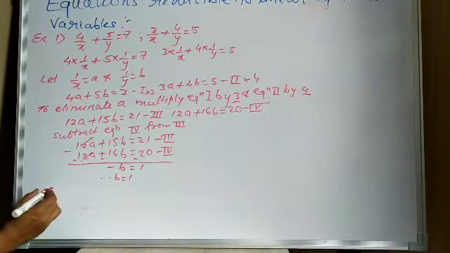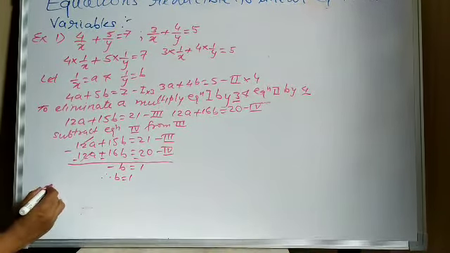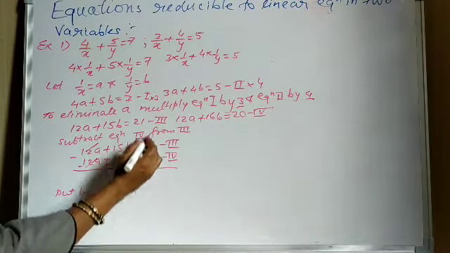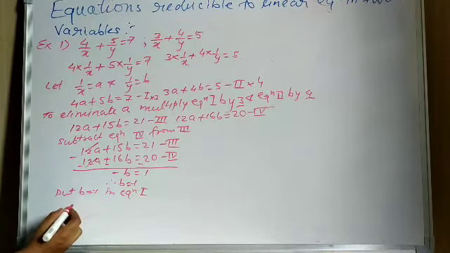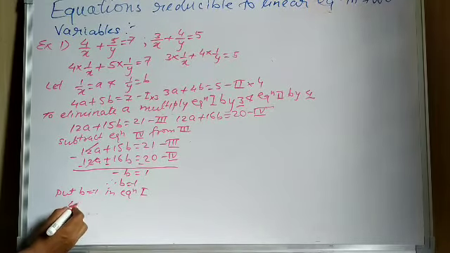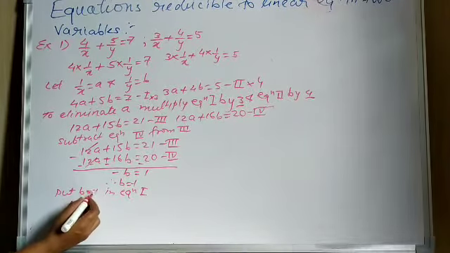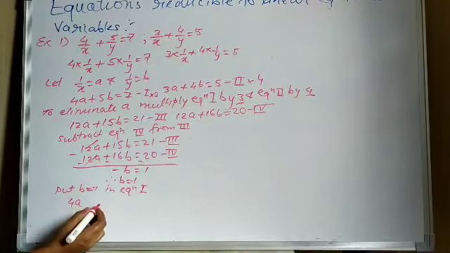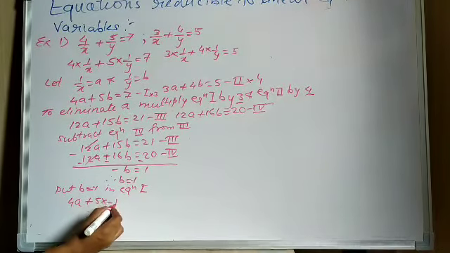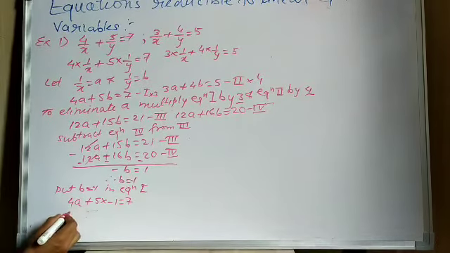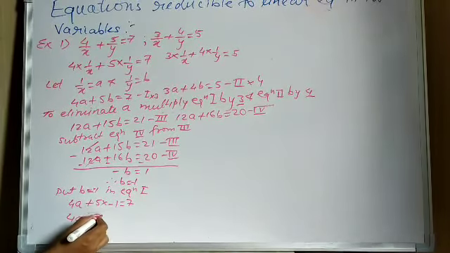In order to get the value of a, put b is equal to minus 1 in any one equation; you can use equation 1. So 4a as it is, plus 5 into minus 1 is equal to 7. 4a as it is, minus 5 is equal to 7.